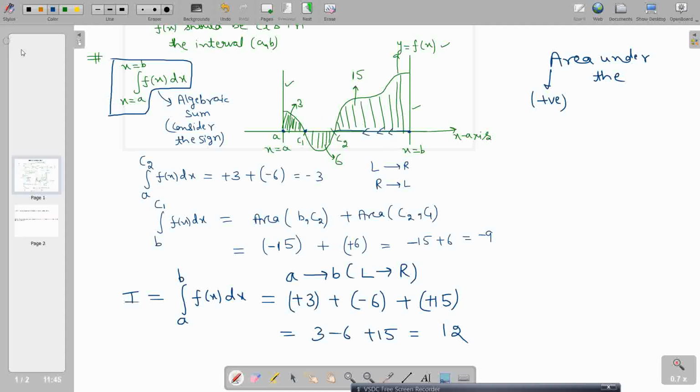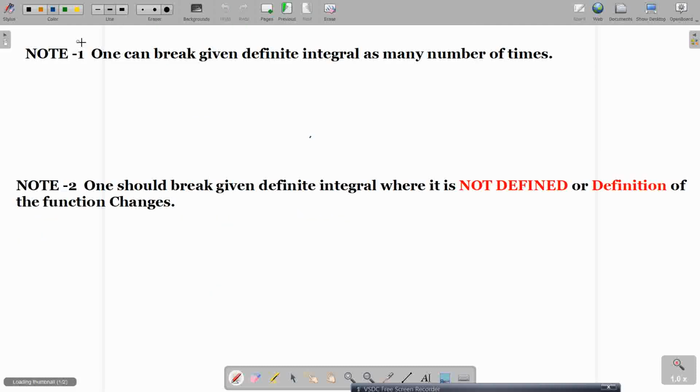Okay, now there are some notes here. See, note number one: you can break a given definite integral as many number of times. What does it mean? In the previous example, we took a to b f of x dx, right?